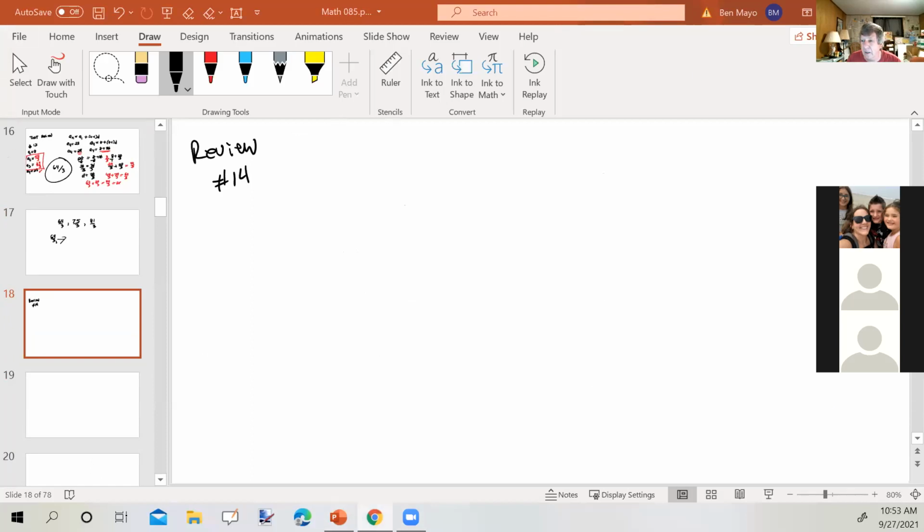This says, write the first 5 terms of a geometric sequence whose 4th term is 5 and whose 5th term is 5 halves.